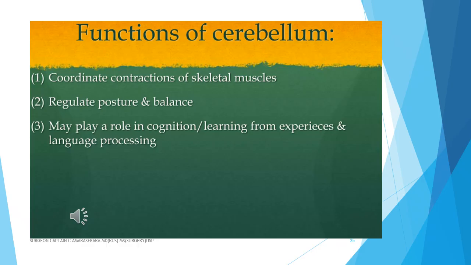So, cerebellar cognitive affective syndrome includes executive dysfunction, language deficit, and emotional blunting. This triad of motor coordination, postural and cognitive modulation makes the cerebellum a silent architecture of both movement and thought.